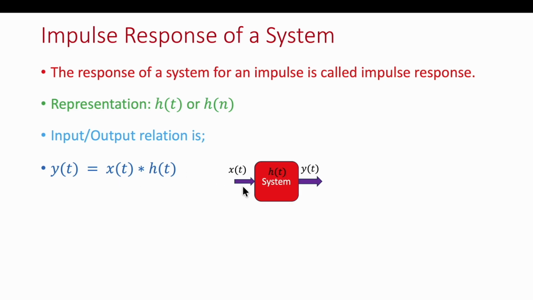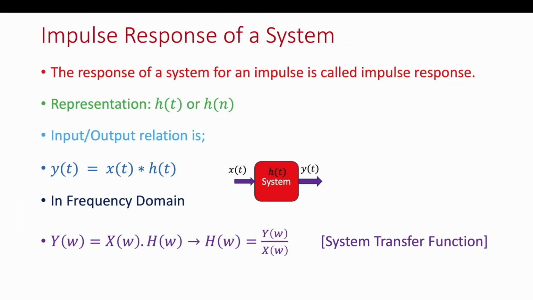If the system is given an input which is an impulse, the output y of t is basically the impulse response. If you want to write this in the frequency domain, you can write y of w equals x of w multiplied by h of w, where h of w is the ratio of the output to the input.